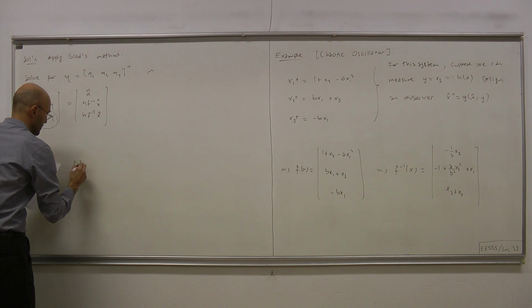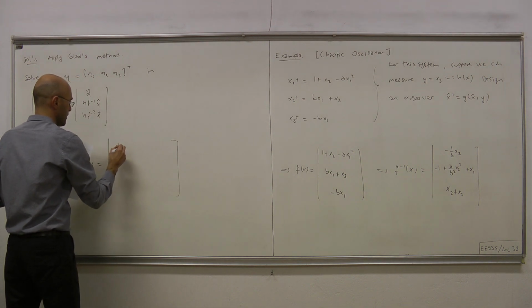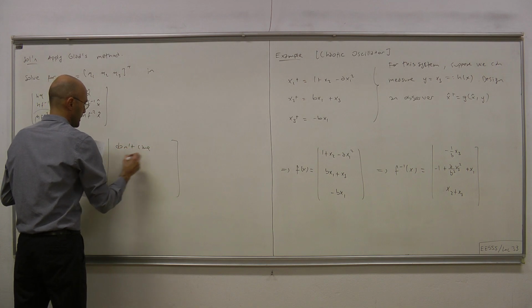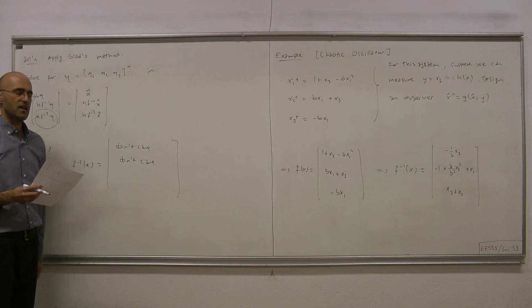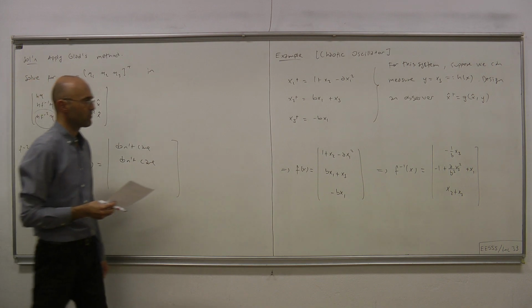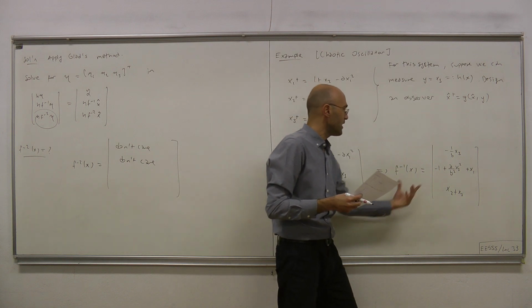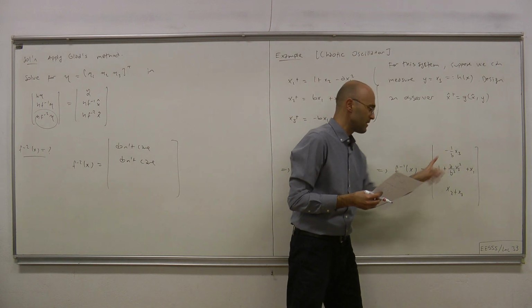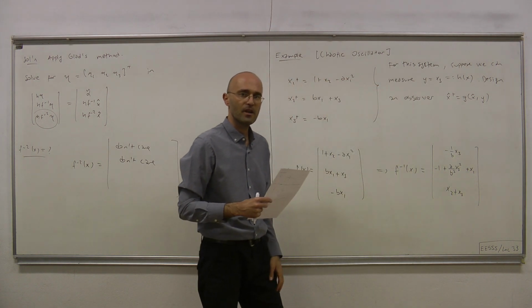So f double inverse of x equals, okay, we don't care about the first and second entries. As for the third entry, we have this for f inverse. We apply to this vector once again this mapping f inverse, and we look at the third entry.